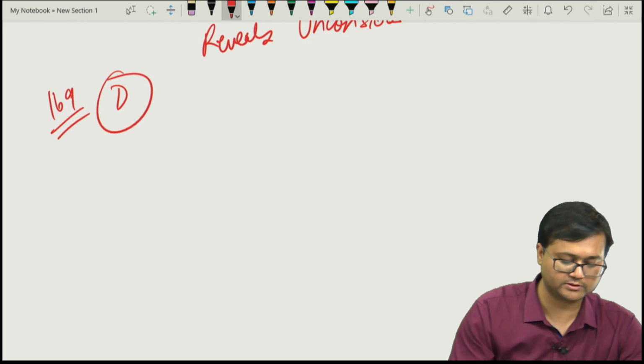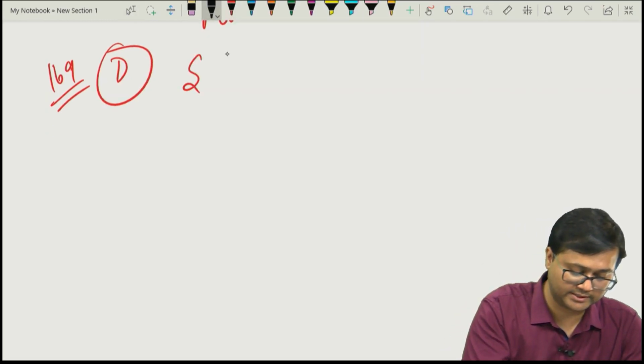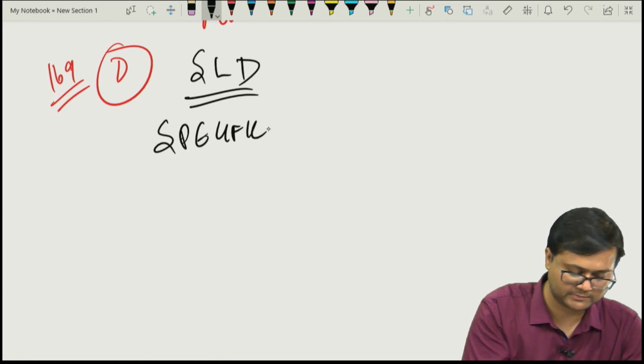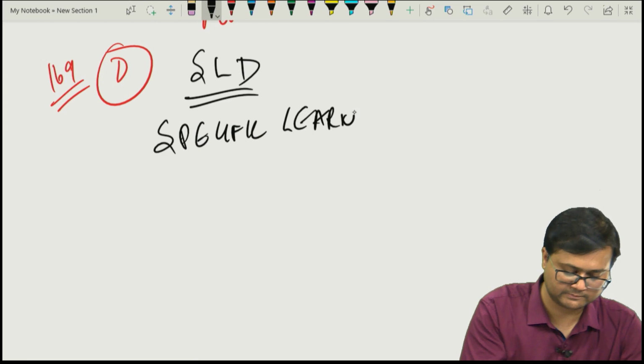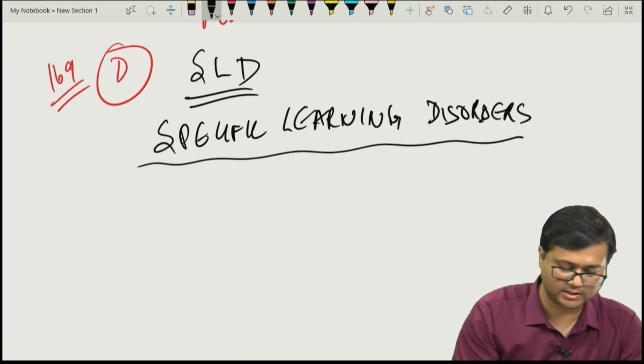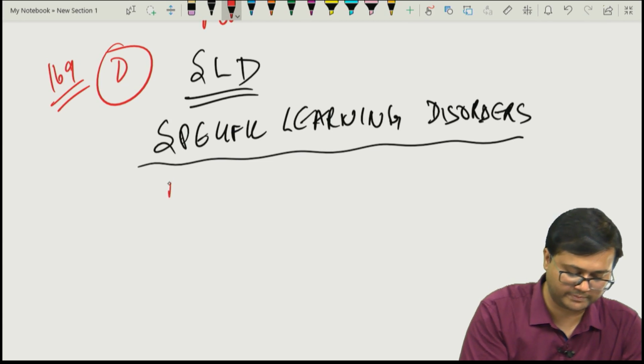So the correct answer of question 169 is option D. Now SLD, or the specific learning disorders, these are neurodevelopmental disorders.